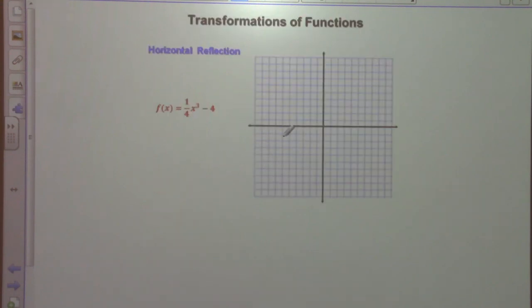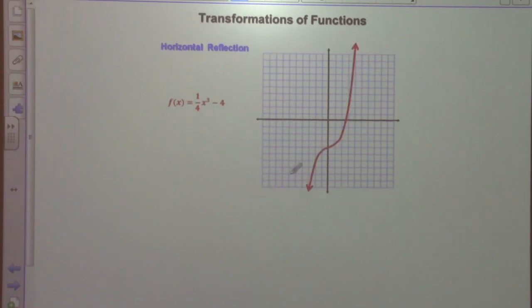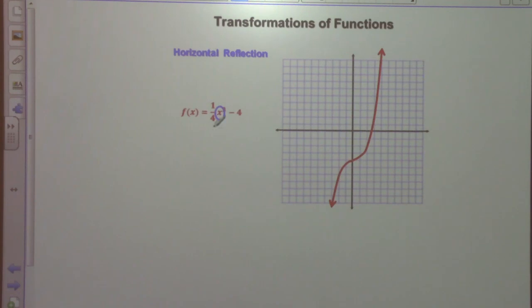For a horizontal reflection, we have this function here, f of x equals 1/4 x cubed minus 4. And this is what that function looks like, just like this, right? And if we go ahead and change this x, what do you think is going to cause that horizontal reflection about the y-axis?